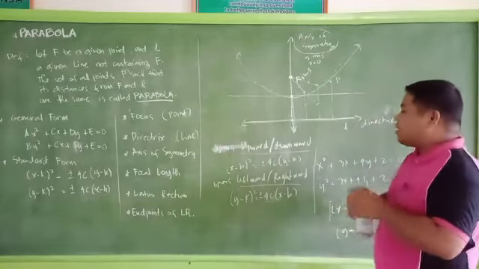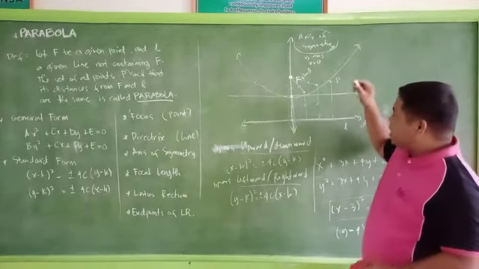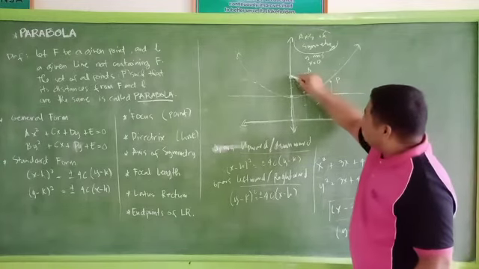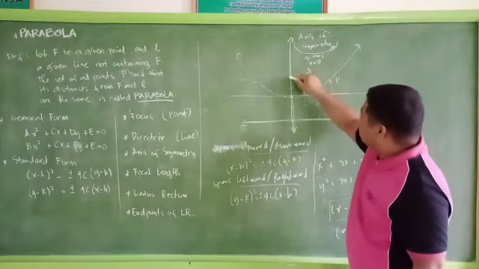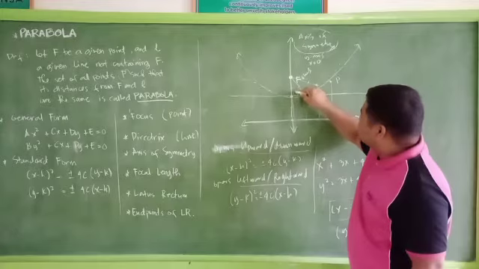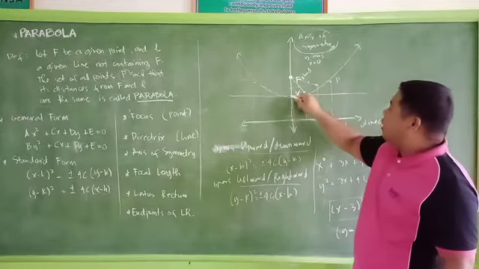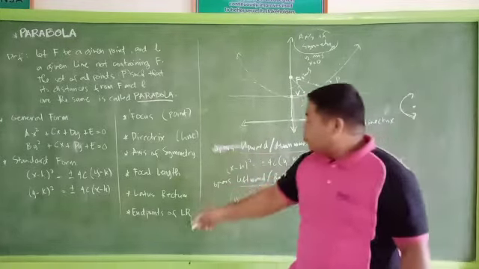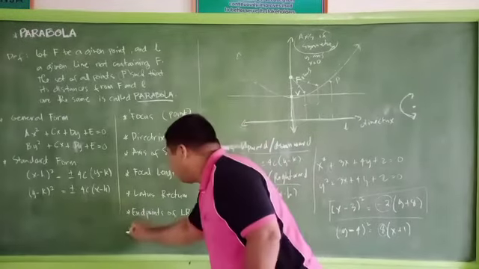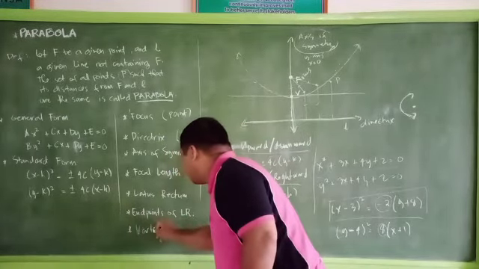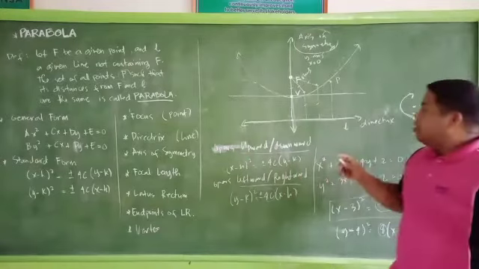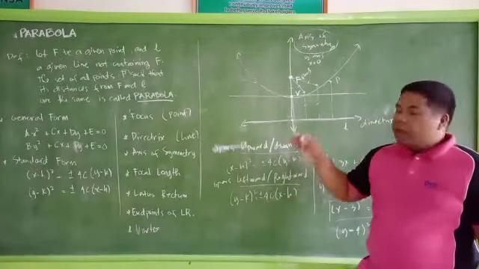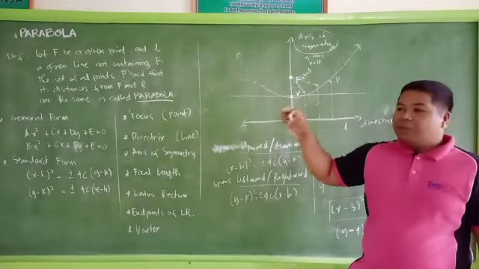Si focal length kasi, ito yung distance from focus to your vertex. By the way, vertex nga pala yung tawag natin dito. Nakalimutan ko ilagay, meron pa pala tayong vertex. Sa vertex kasi, siya yung parang pinaka-center dun sa circle. Diba?